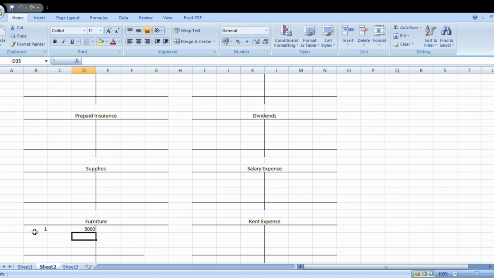Otherwise, you would have written date here and then you would write the amount. We just mention date. If it is not mentioned, we mention the serial number. Then we mention the amount with which the account has been debited or credited. So on the debit side, that means on the left side of furniture account, we are writing 5,000.